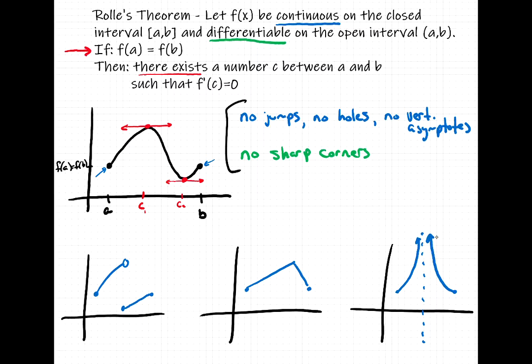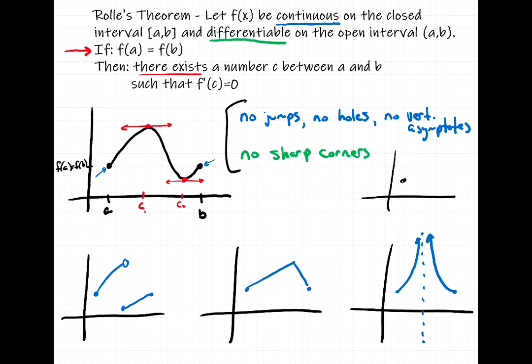But if you have these two criteria, continuous, so no discontinuities, and differentiable, no sharp corners, then between A and B, there has to be at least one place. There could be infinitely many places if you have a horizontal line from A to B, and that's the trivial case.